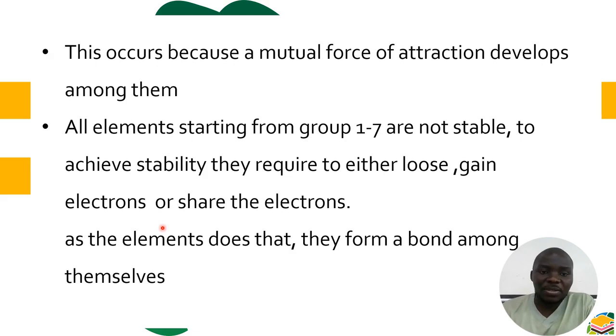For metal elements to be stable, they're supposed to lose electrons. The reason behind losing the electrons is that they have weak nuclear charge, so they cannot attract the incoming electron as strongly as non-metals, which have strong nuclear charge and the capacity to attract the incoming electron more strongly than metals can. As elements do that, they form a bond amongst themselves.